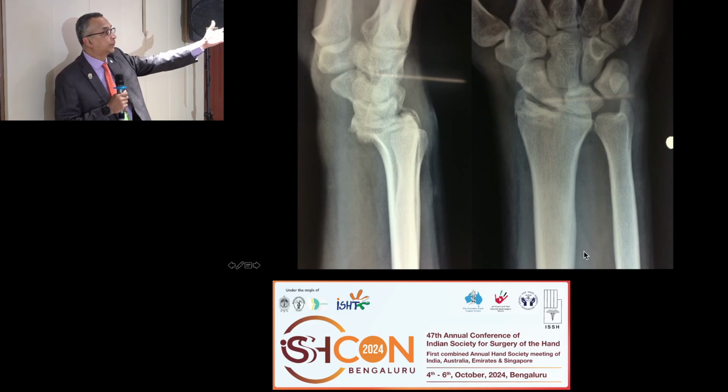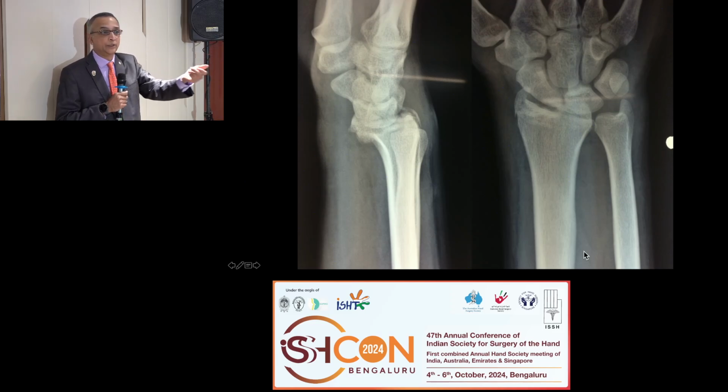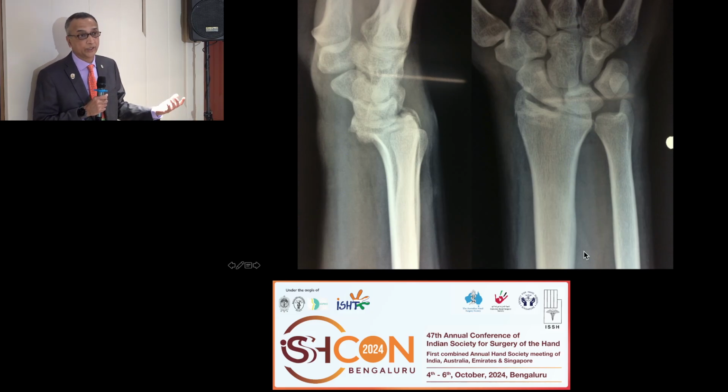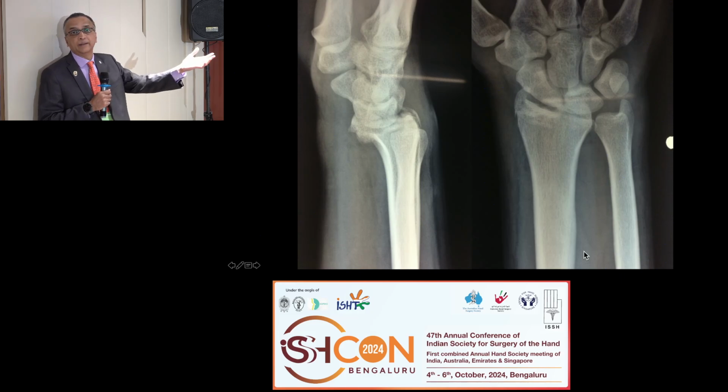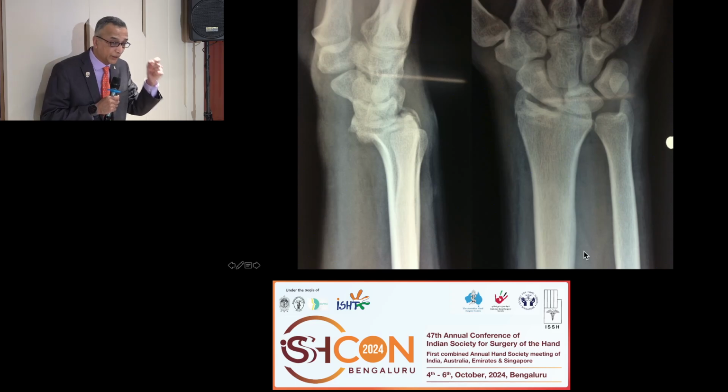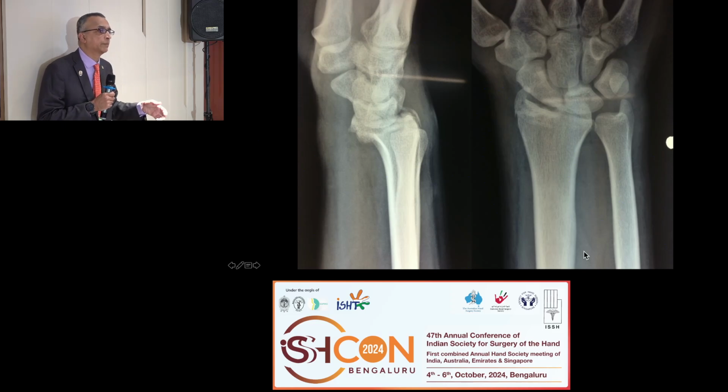You pass it through the short radiolunate ligament, make 2 holes in the distal radius, use a curved needle, and you make a figure of 8, and it's a tension band suddenly. It is that easy. You don't need to be a rocket scientist to do this. And if that's all you've got, fine, put a cast on it. Otherwise, almost any hospital in the world will have a plate. Or you can put a radiocarpal cross-pin. I'm not a big fan of it, but yes, you can do that also.